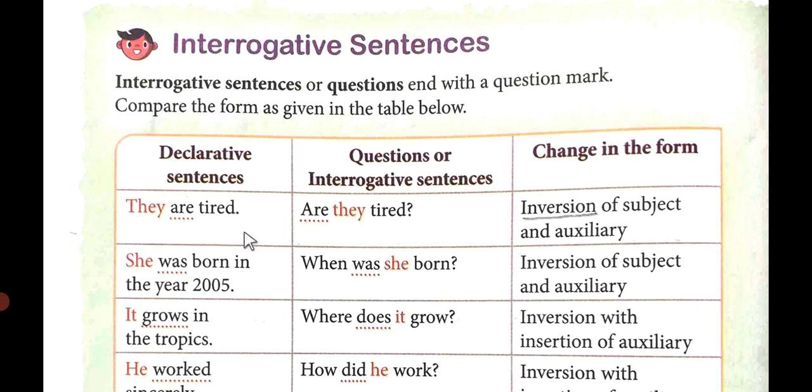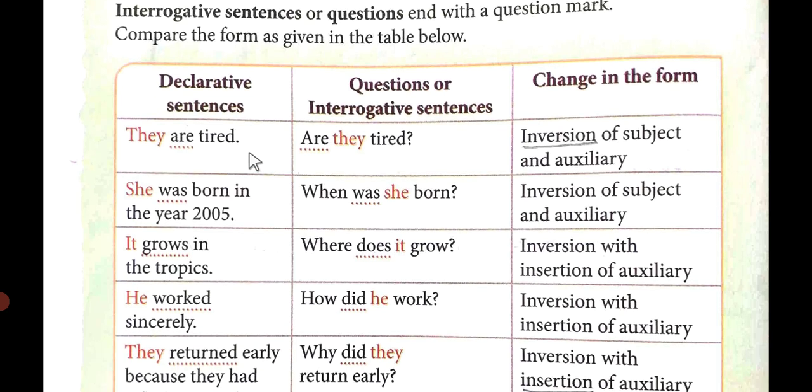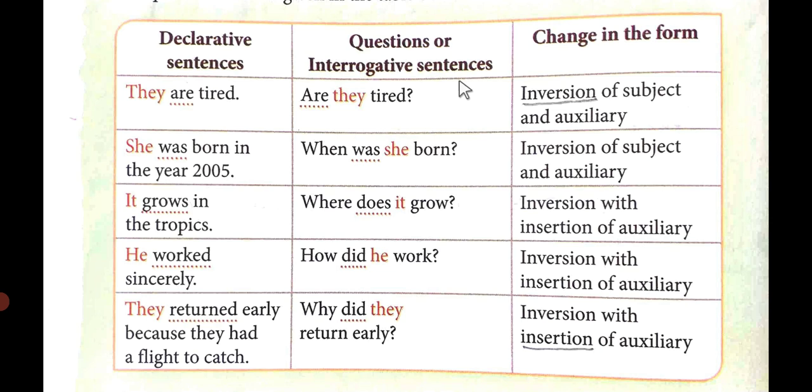So please see here. Compare the form as given in the table below. You can see here the declarative sentences, question or interrogative sentences, and change in the form. For example, first see the declarative sentence, they are tired.